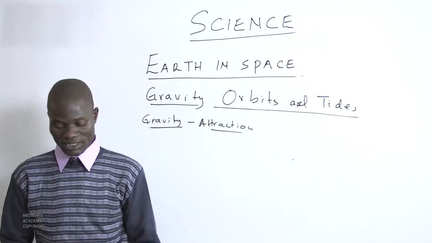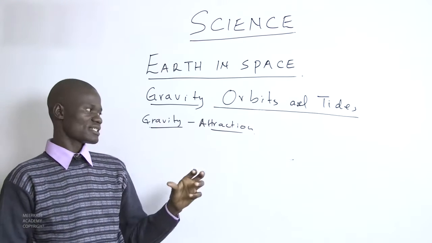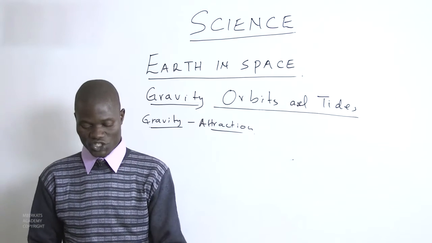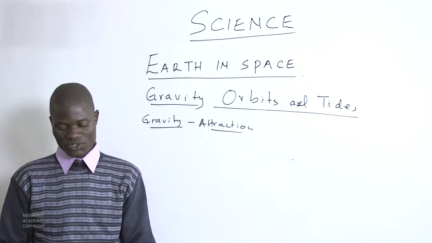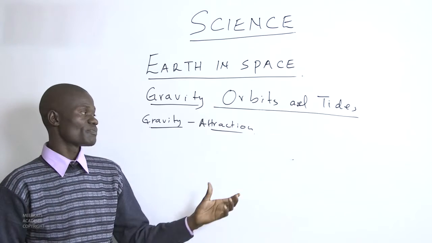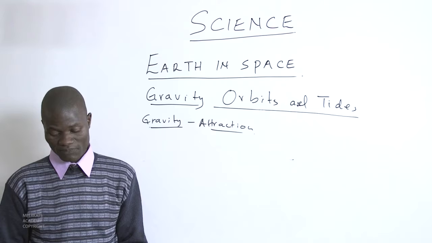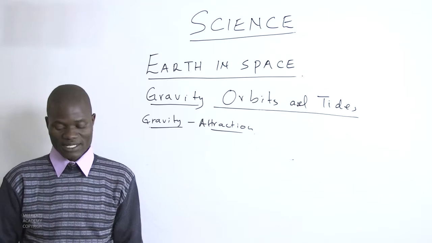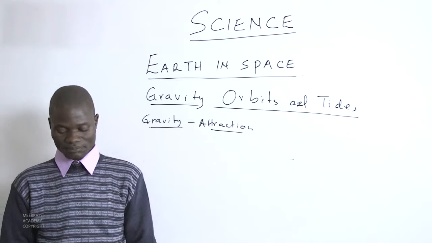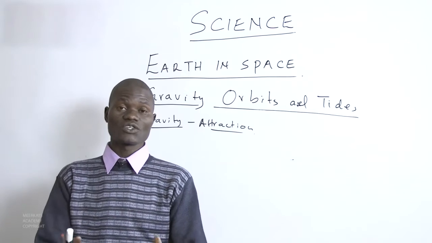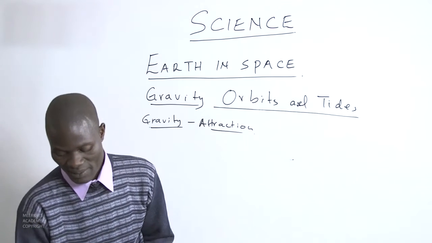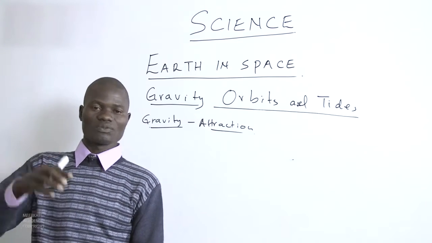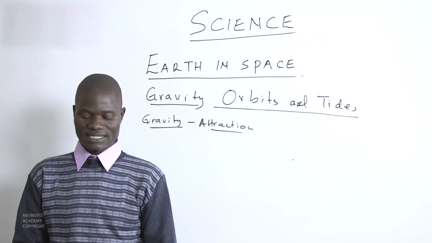The more mass an object has, the stronger the pulling force between the two objects. As a result, this force makes the Earth and all objects be attracted to the center.